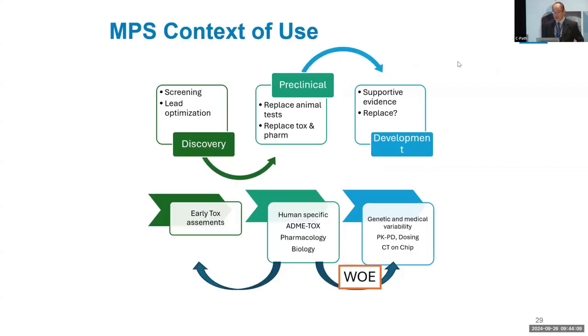This is a little bit complicated slide, but I just wanted to make sure which stage is most appropriate for your MPS development. As you all know, drug discovery to drug development goes through discovery, preclinical development, and especially the clinical development phases.